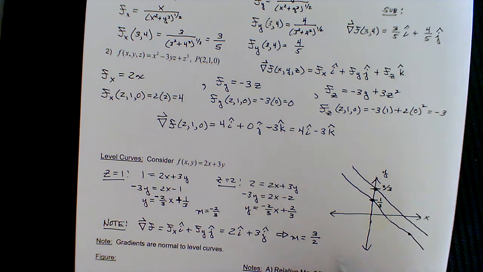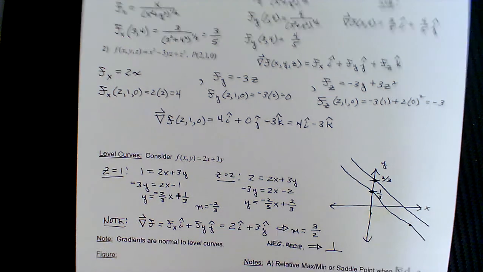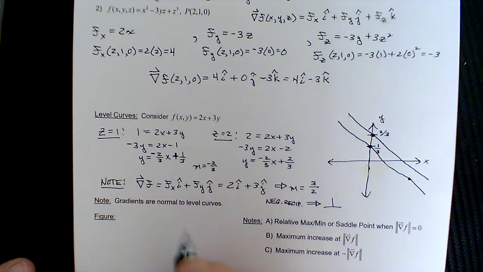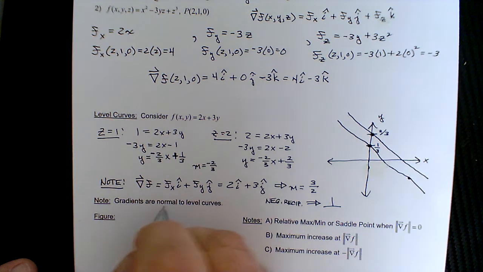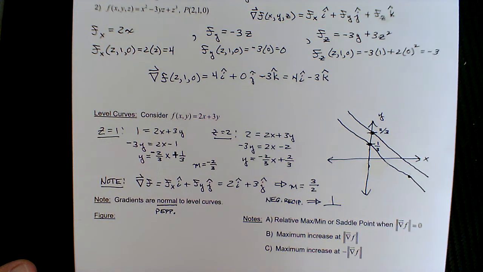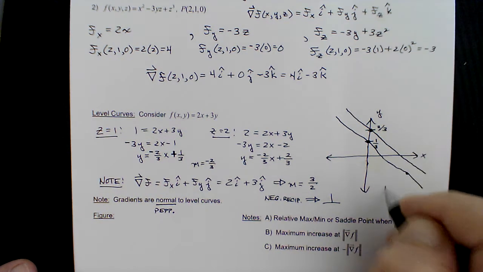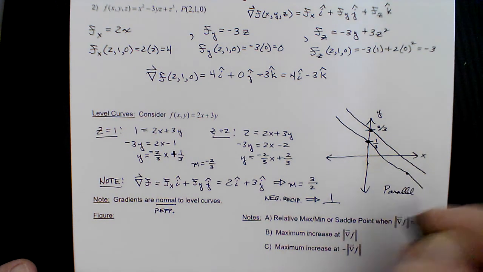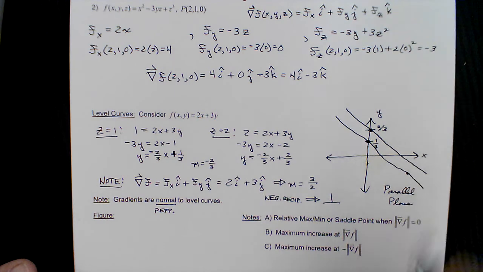So note that these are negative reciprocals, indicating that they're perpendicular. And so, a little note here: gradients are normal to level curves, normal or perpendicular. Okay, so the graphs of these are really just parallel planes, because we're in 3 dimensions.